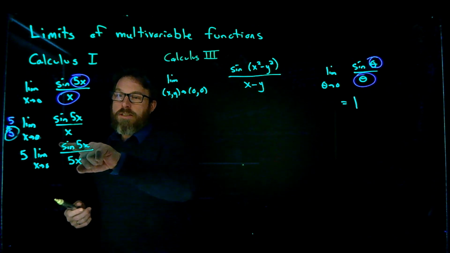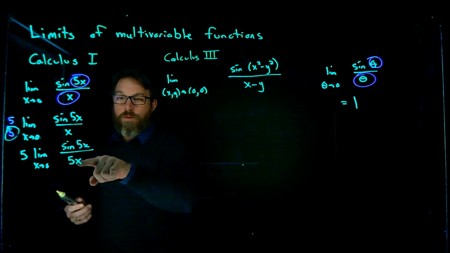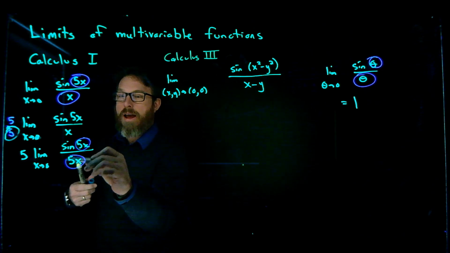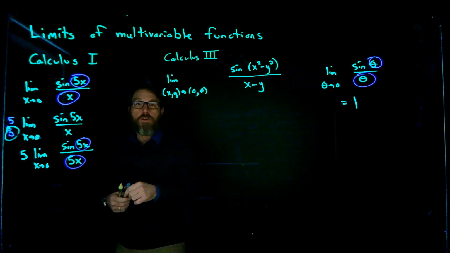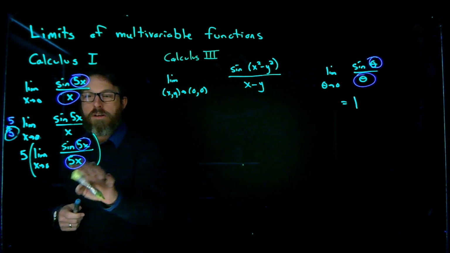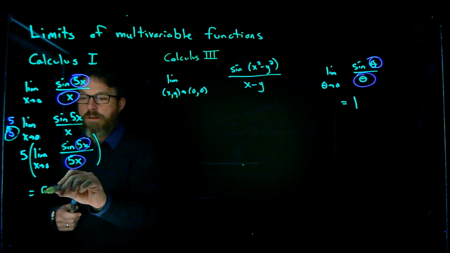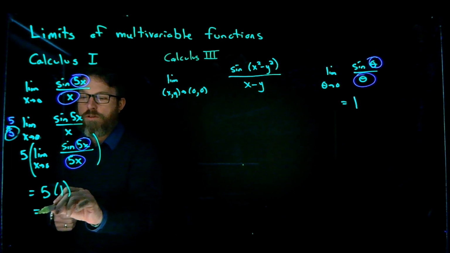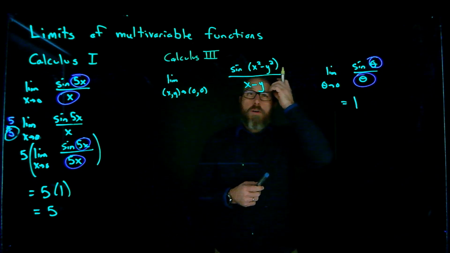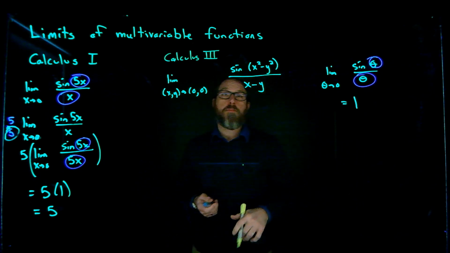Now that I have the sine of its angle over the exact same thing, we can see that these now match. These really are acting like your thetas, and those are going to 0, which means this entire expression is going to 1, so this is going to be equal to 5 times 1, which in turn will be equal to 5.